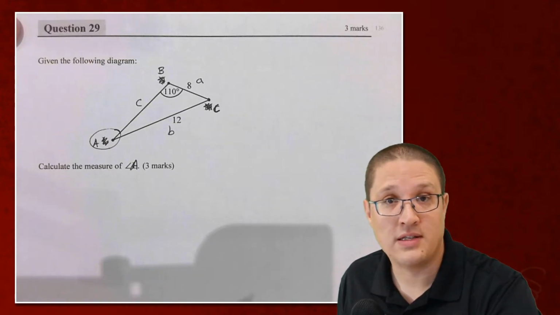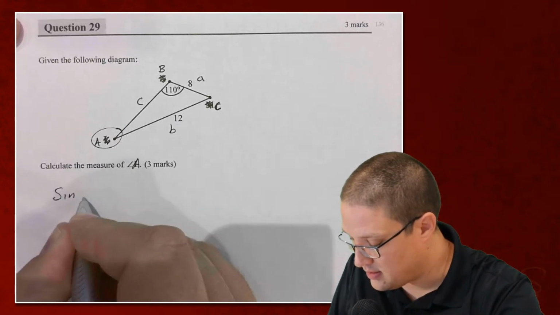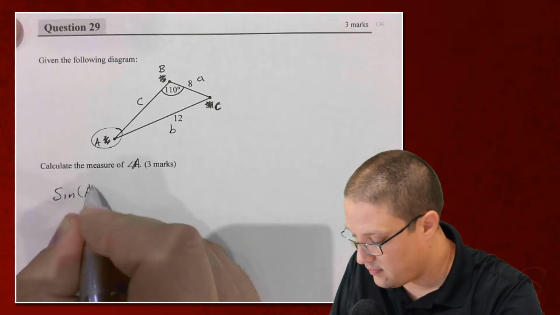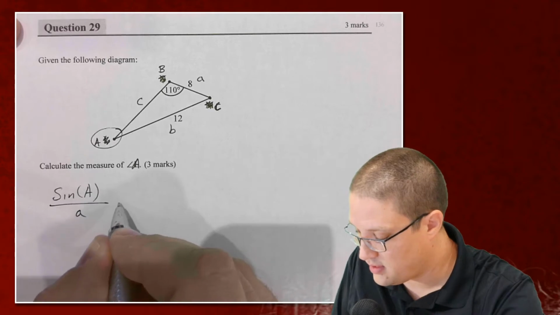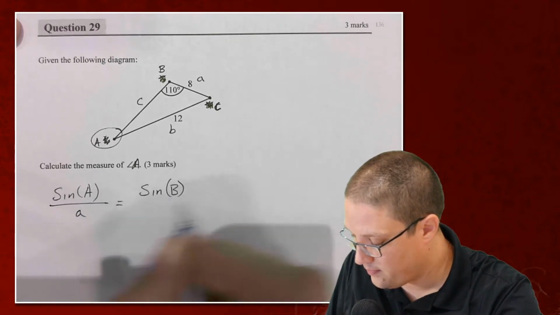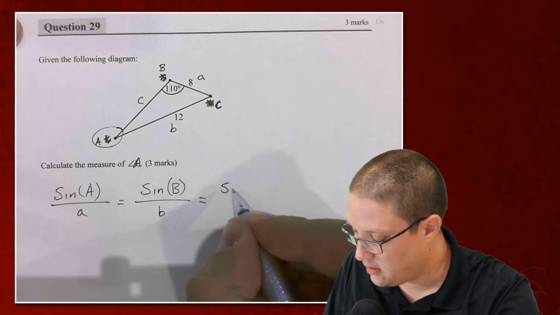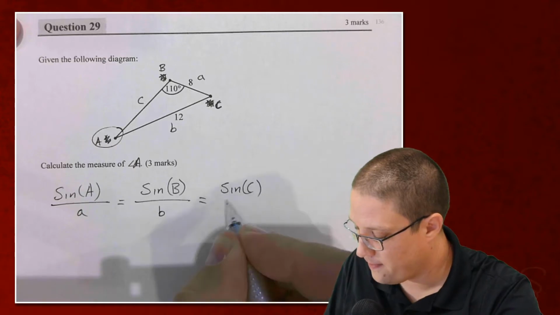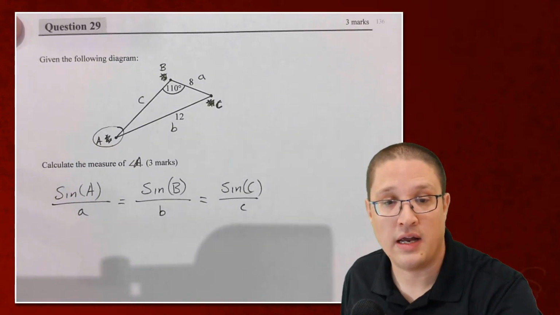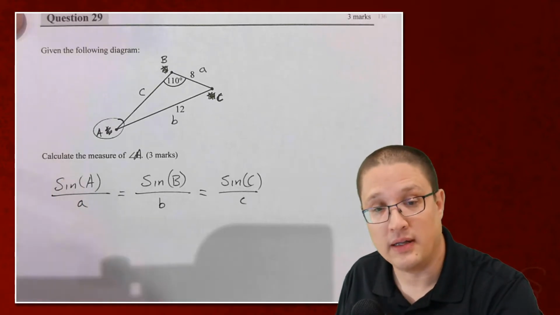So let's start off by writing our formula down. So our formula is sine of A over the side A equals sine B over side B equals sine C over the length of side C. So now we can start plugging things in.